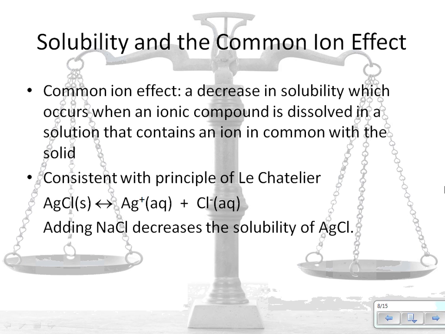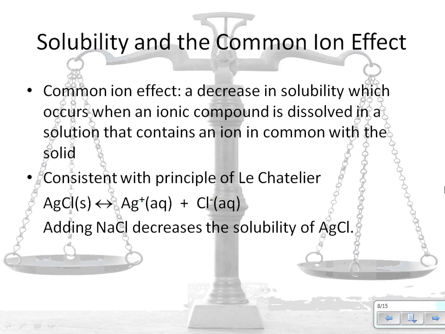The common ion effect means that there is a decrease in solubility, which occurs when an ionic compound is dissolved in a solution that contains an ion in common with the solid. So it's basically consistent with the principle of Le Chatelier. So if I have this reaction, silver chloride gives you silver and chloride ions.